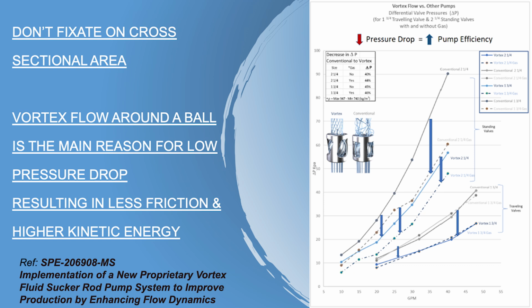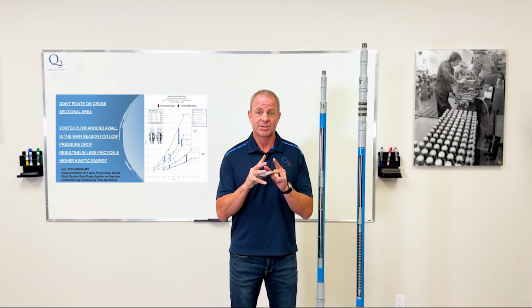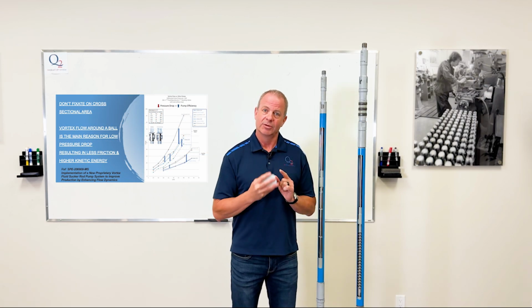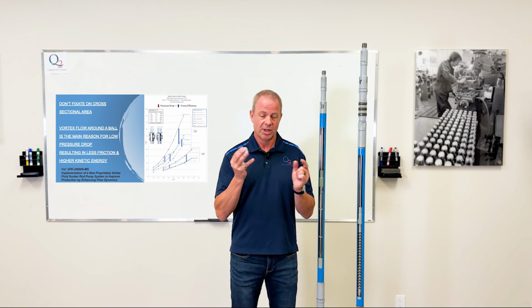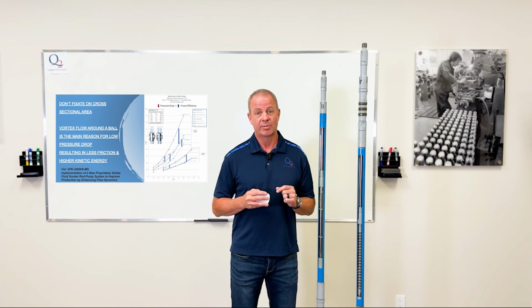So the Vortex technology, what it does is it actually cups the ball in place. So with respect to the API ball, the ball rattle isn't very big. But with alternative pattern balls, you've got more space. Without the Vortex cupping that alternative ball, you get a lot of vibration and a lot of pressure drop.